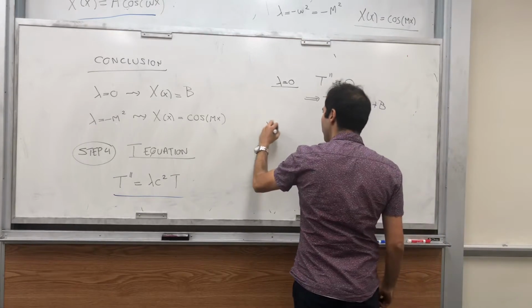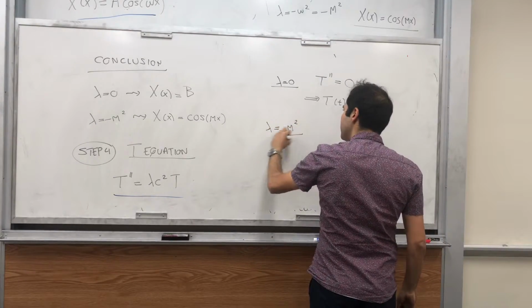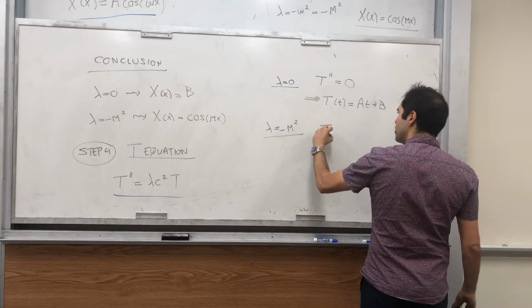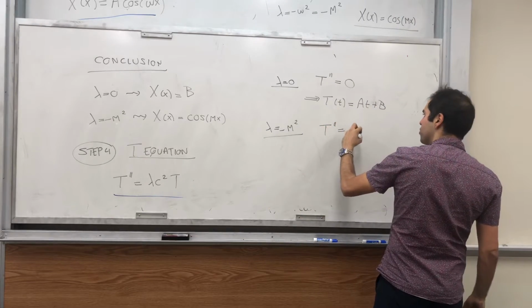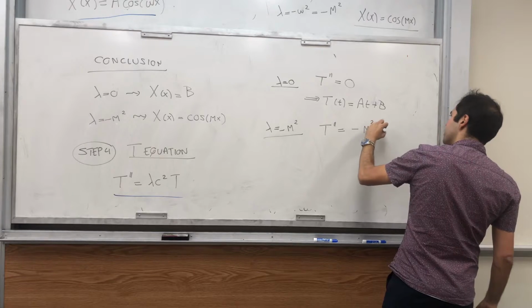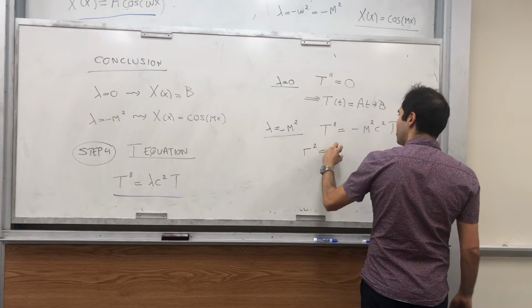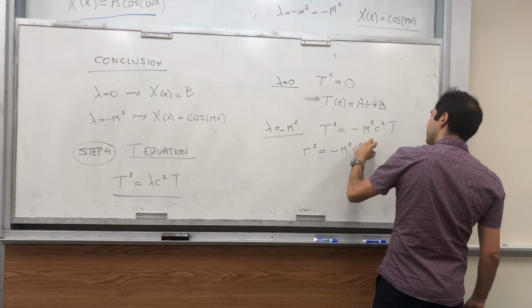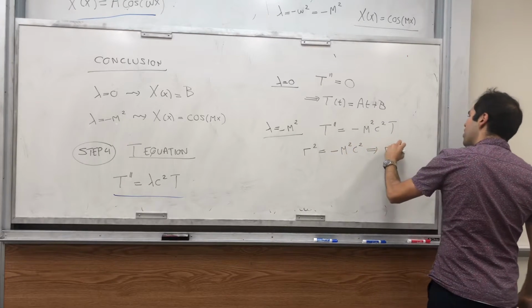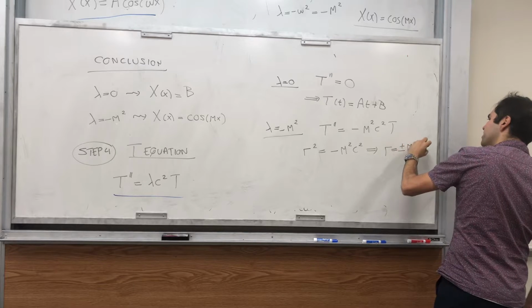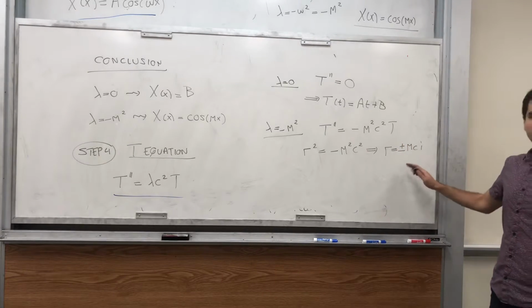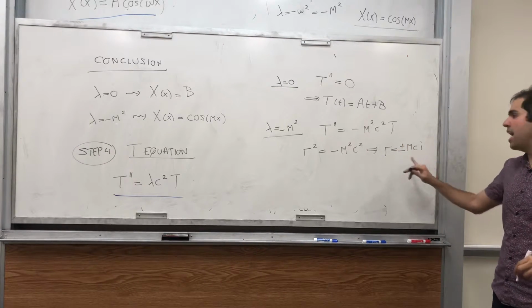But for all the other cases, lambda equals minus m squared. You get T double prime equals minus m squared c squared T. With auxiliary equation, r squared is minus m squared c squared. So r is plus or minus mci. It's the long-lost brother of MC Hammer.